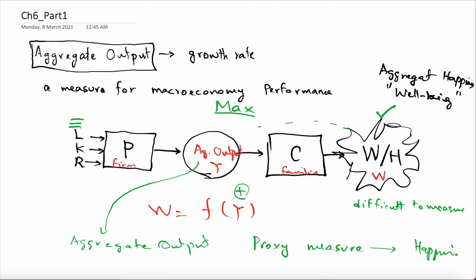We know there are some problems, and in this chapter we are going to talk about this issue, that this function is not necessarily true, is not one-to-one. You may have lots of production and income, or instead of saying production you may actually say income, okay, aggregate income. But having money does not necessarily lead to happiness.